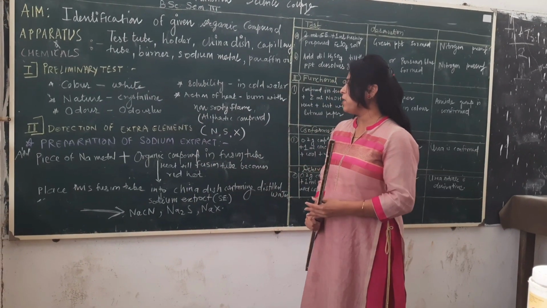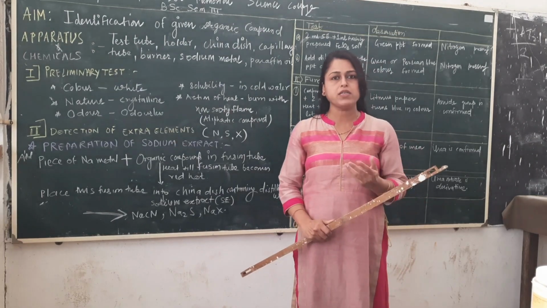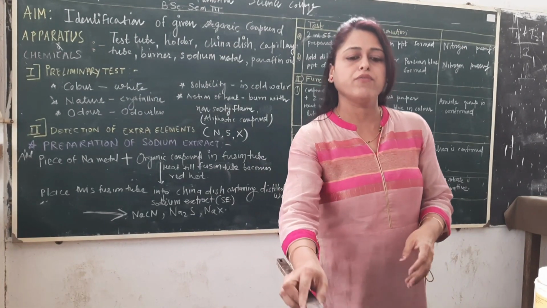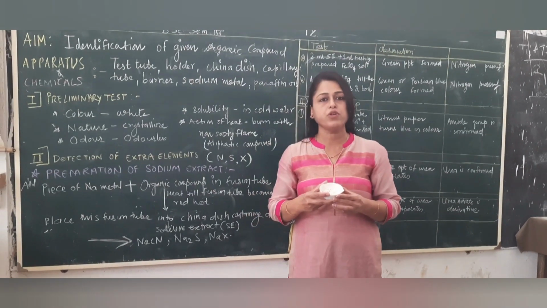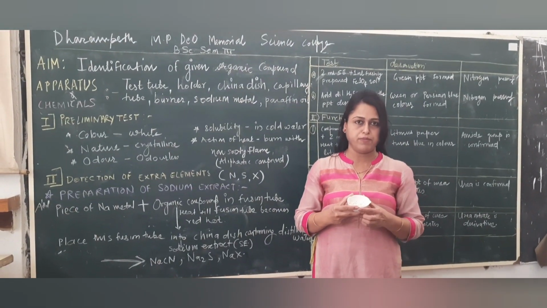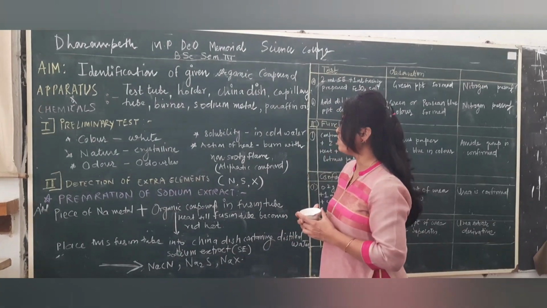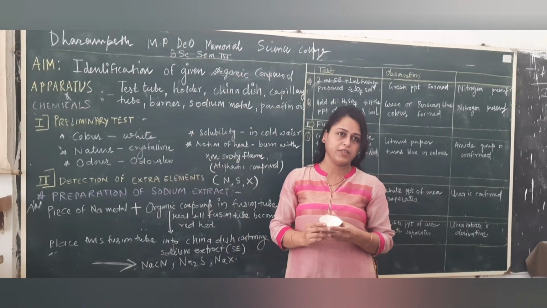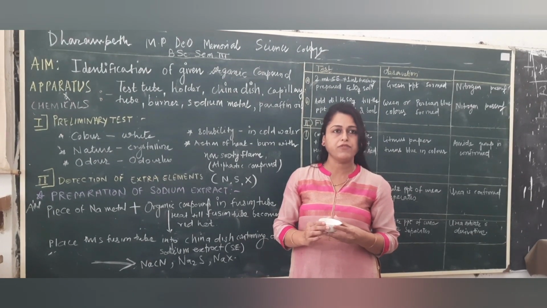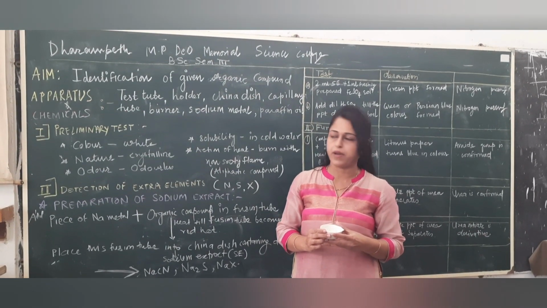So the preliminary test is quite simple. For that we need our compound. So this is our given unknown compound. Observe that compound. If we observe the color, here the compound is white in color. It is clearly identified that the color of the compound is white.